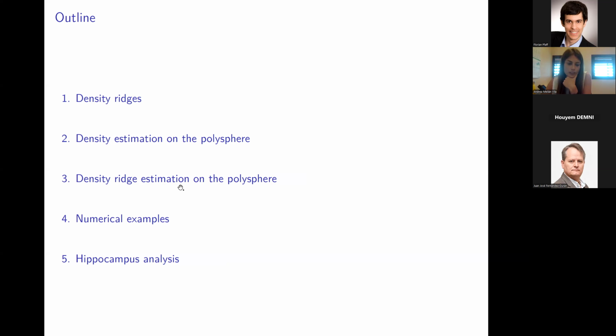Before going into detail, we are first going to introduce a density estimator for this kind of data. In the last part of the talk, if we have time, we are going to check the performance in practice of the density ridge estimator through simulations. And finally, we are going to apply the procedure to a real data set containing hippocampus shapes.